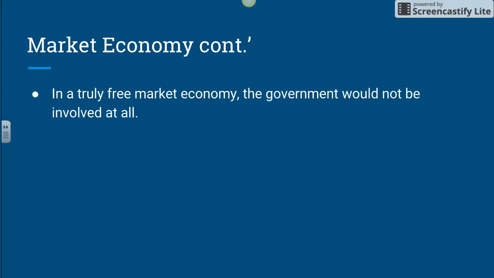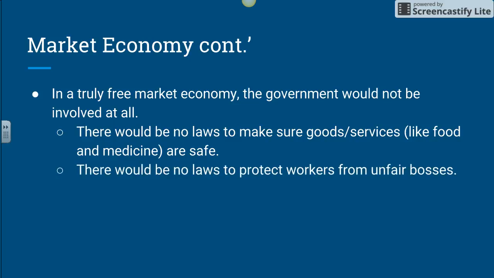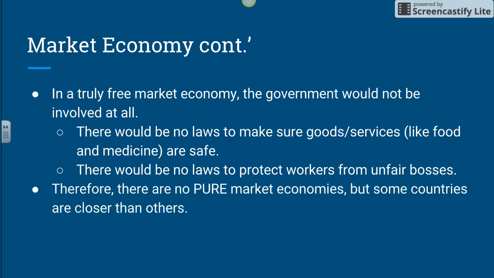In a truly free market economy, the government wouldn't be involved at all. There wouldn't be any laws to make sure that goods and services like food and medicine are safe. And there would be no laws to protect workers from bosses who are unfair. There are no pure market economies in the world.